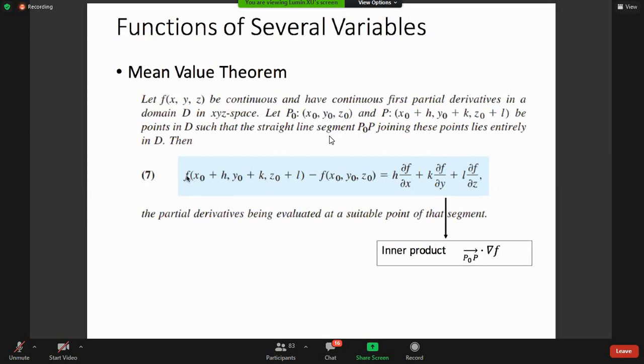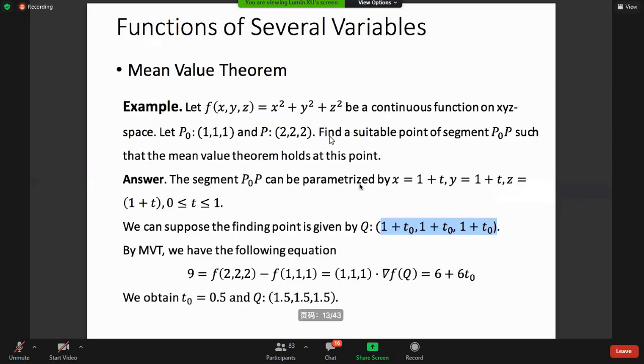In this case, it should be f(2,2,2) minus f(1,1,1), right? So it's just like that. And using the function, we can calculate it. It should be 9, right?